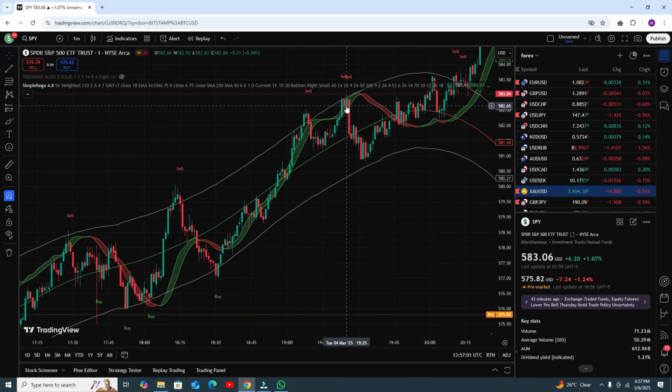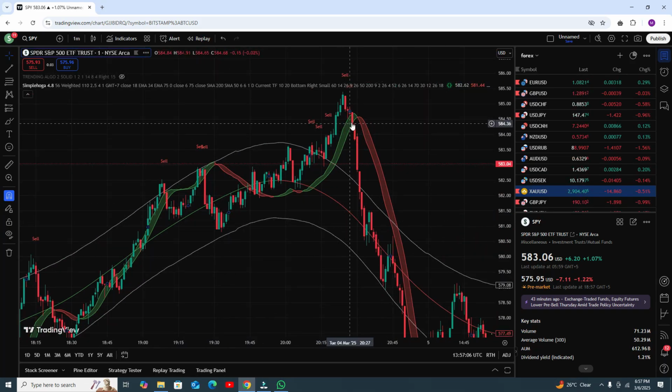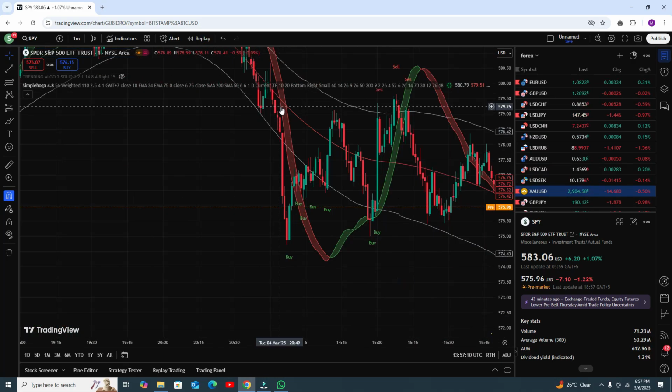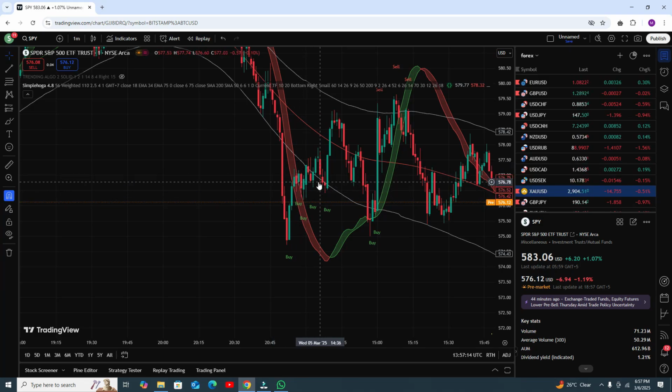Here RSI is upside from the upper band line, and again upside from the upper band line. And this RSI is again below the lower band line, and again upside from the upper band line. So these are our oversold and overbought conditions. You can see it clearly.